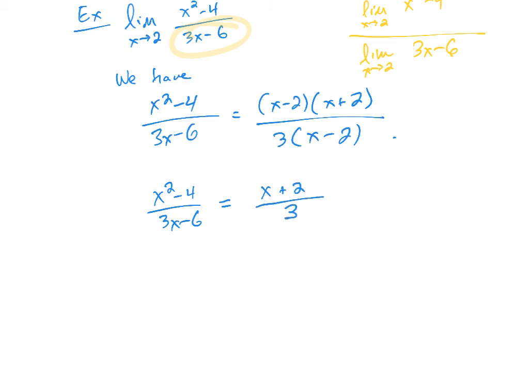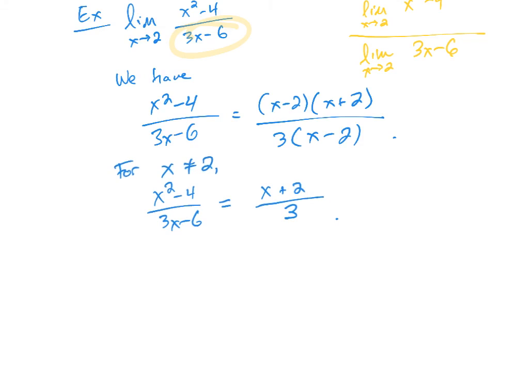Where is that statement true? X is not 2. Yes. At 2, those two functions don't agree because the one on the left is not defined, but the one on the right is.